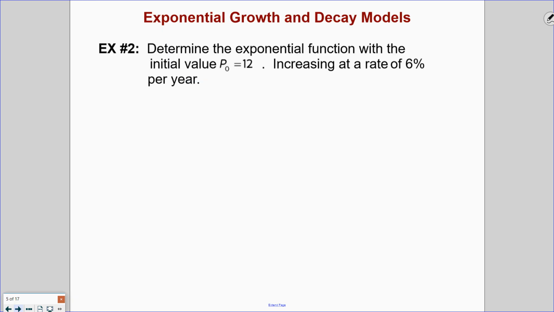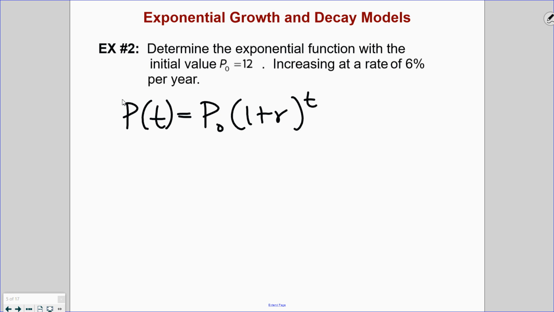All right, so now we're going to determine the exponential function that has these things. We have an initial value of P sub 0 is 12, and it's increasing at a rate of 6% per year. First thing, always good to do, especially when you're learning a new formula, is to write the formula down. So this is the formula that we just wrote. And then we would fill in everything we know.